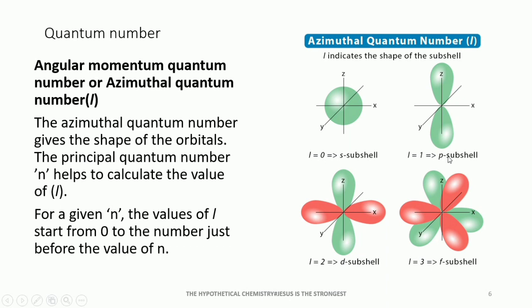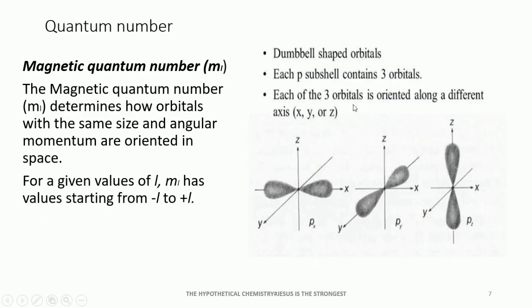So the p orbitals all have the same angular momentum quantum number, which is 1, and they have the same size because the shape is the same. They are all dumbbell. You get the point? But the orientation is different.